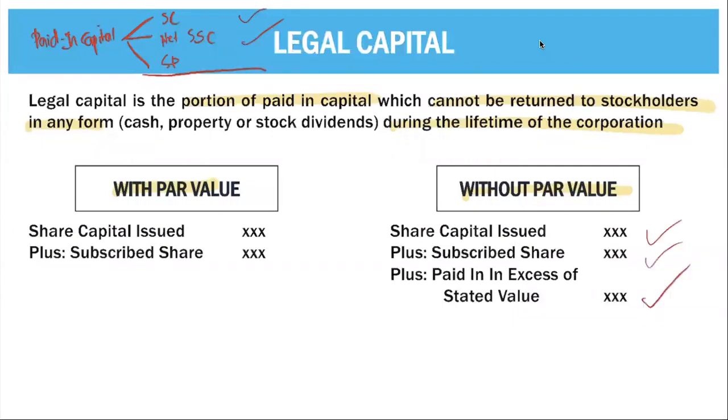That's the legal capital. So take note, the legal capital are amounts of paid-in capital that cannot be returned. So with par value, only two, share capital and subscribed share. Without par value, share capital, subscribed share, and the amount in excess of stated value or share premium. But again, what do you remember that is an exception to this rule based on what you have learned before in IA or intermediate accounting?